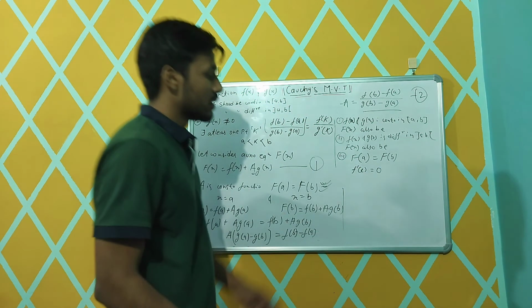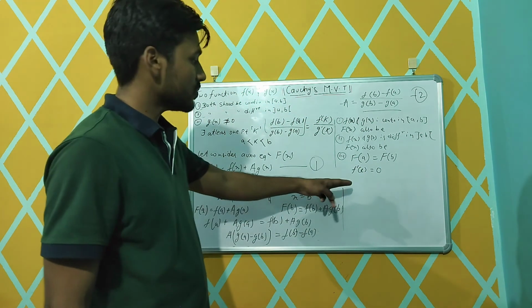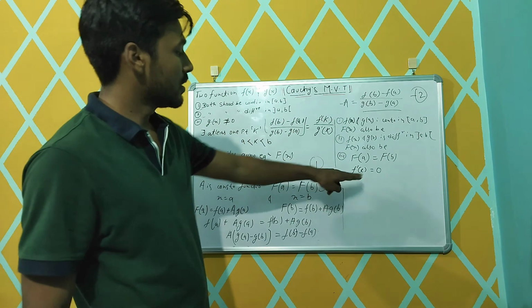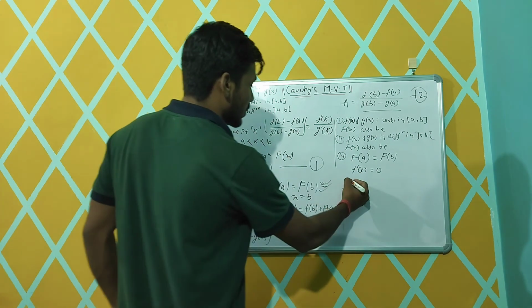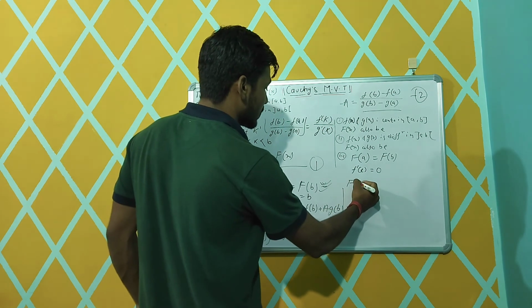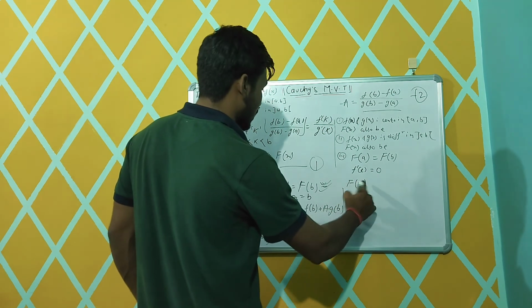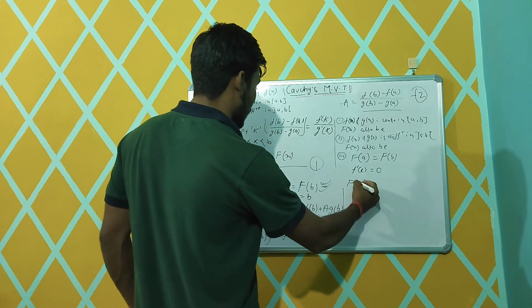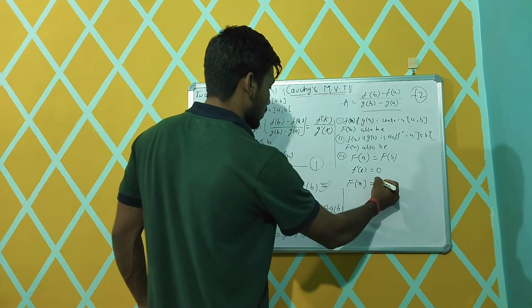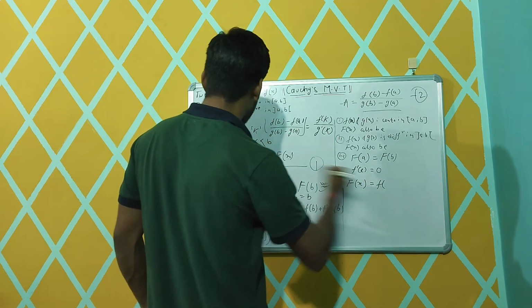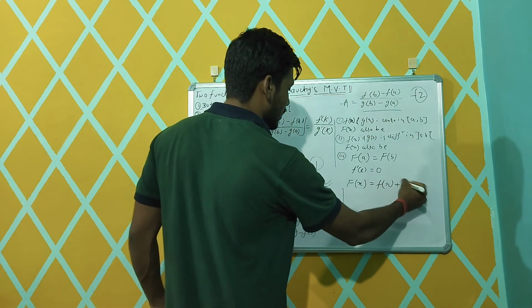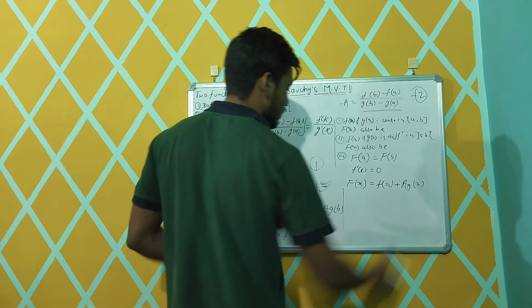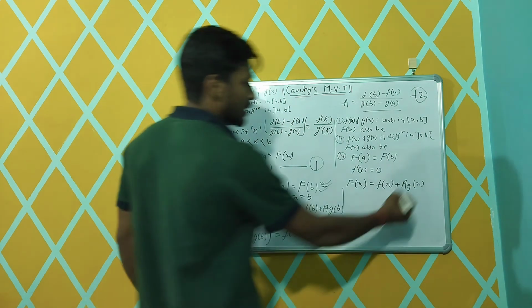This is from Rolle's theorem, and we are going to put it in the first equation. So F of x is equal to f of x plus a times g of x.